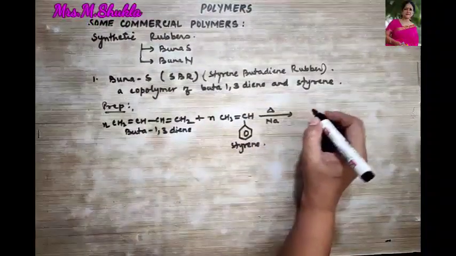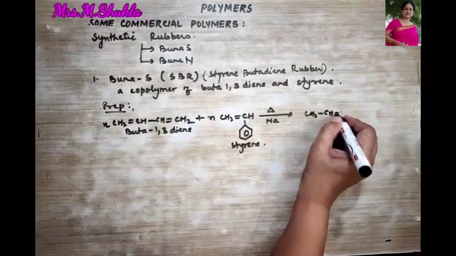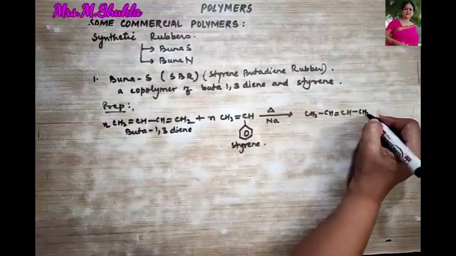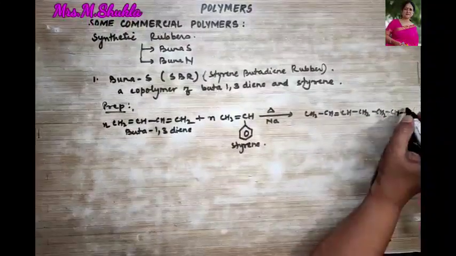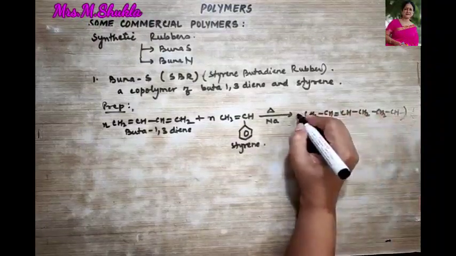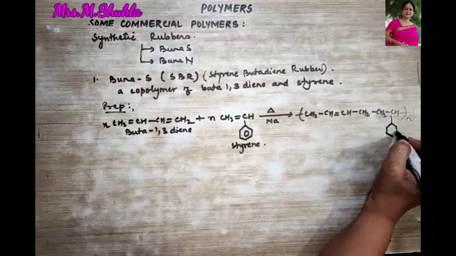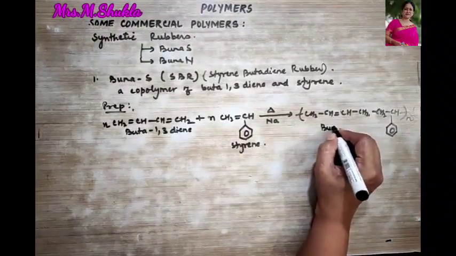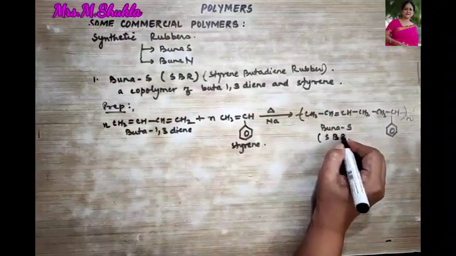So over here let me draw the structure. What is this called? This is your Buna S or SBR.